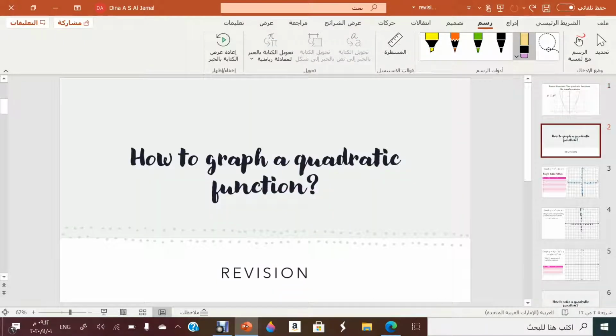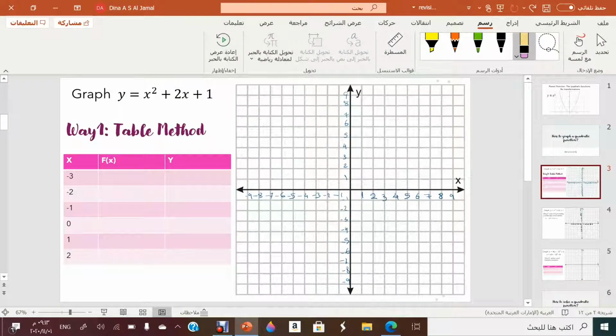So let's talk about how can I graph a quadratic function without using Desmos. Let's revise together what we talked previously. So if you would like to graph it, first of all, it is all about the table method.